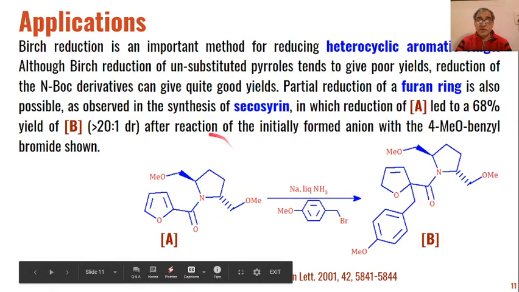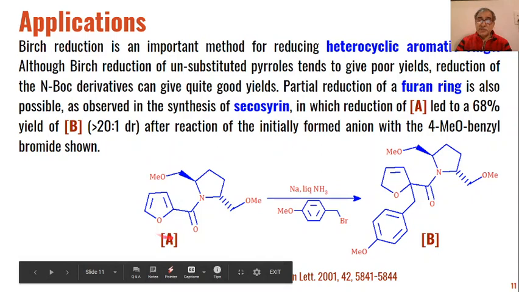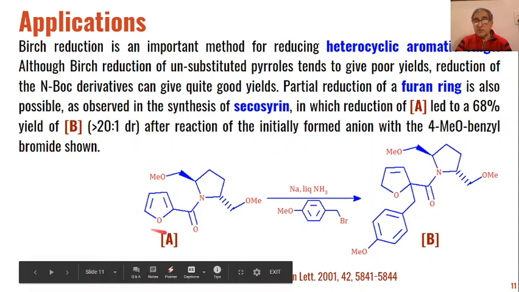So for example, this substrate which is used in the synthesis of a natural product, when the reduction of this system which is having a furan ring is done under Birch conditions in presence of sodium metal and liquid ammonia. So first this will be converted into this type of dihydrofuran ring.